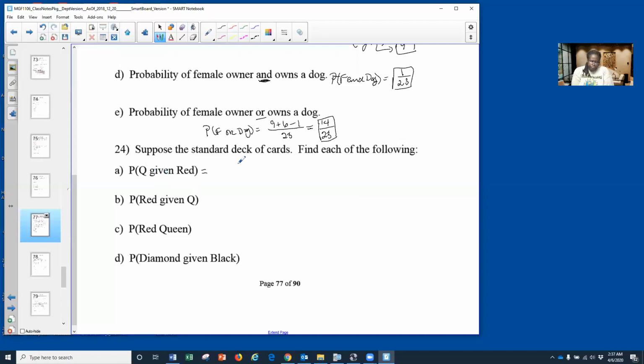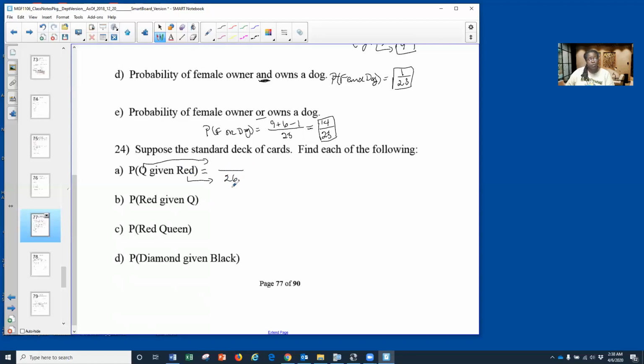So again, you have before the word given and after the word given. So if it helps to draw the arrows, do it. So you have your denominator and your numerator. How many red cards do we have? Again, just red cards. You know, that's 26.